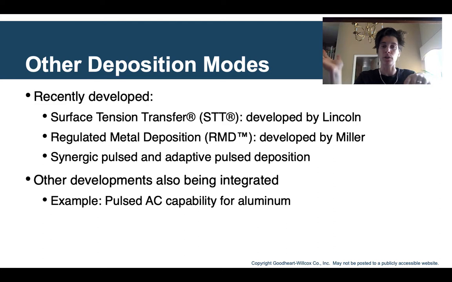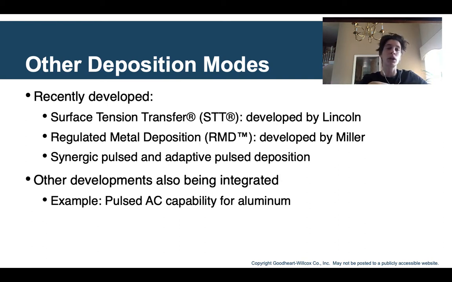There are other developments being introduced all the time. Some of these, like STT and RMD, there are machines out there in all kinds of different shops. We were talking a little bit about Long Beach. I believe they have the Lincoln surface tension transfer machine that I've tried over there. I don't know if it's regularly used by the students, but some shops will have these new modes.